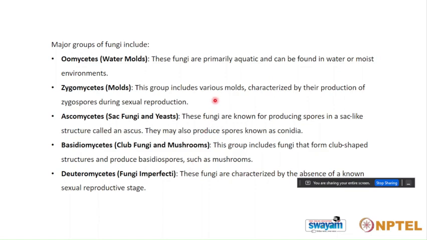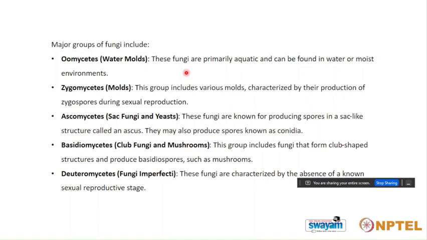Based on the conditions, we can also classify fungi as oomycetes. If a certain fungus is present in water or moist environments, those fungi are called water molds, and in scientific terms we can call them oomycetes.